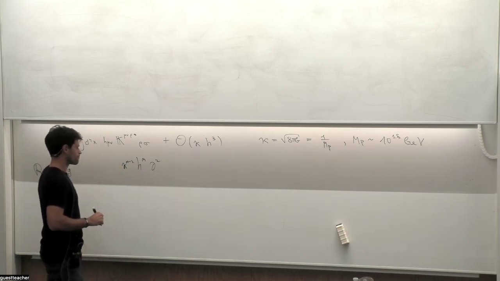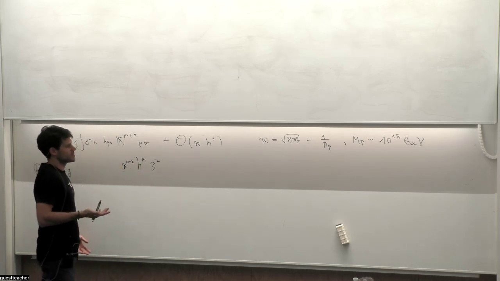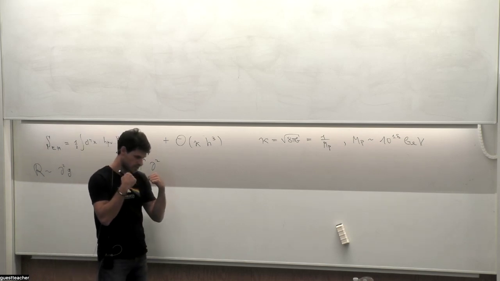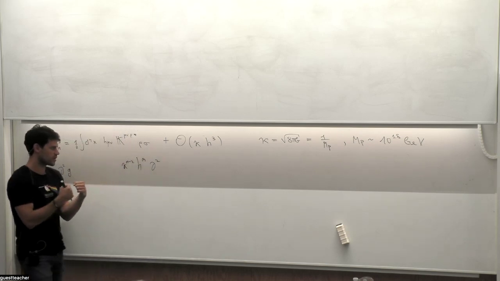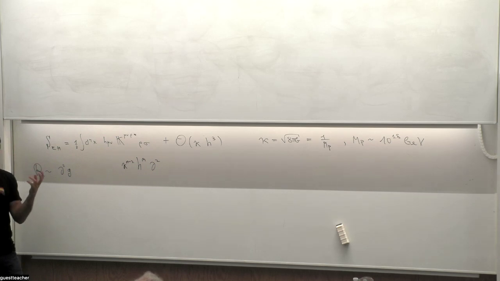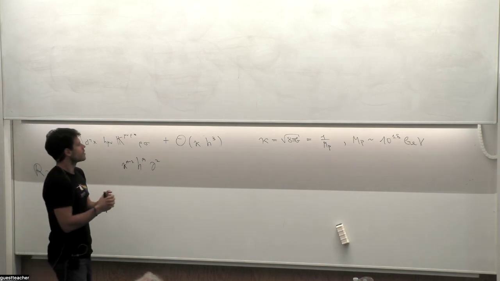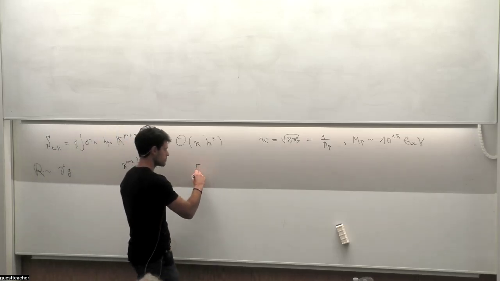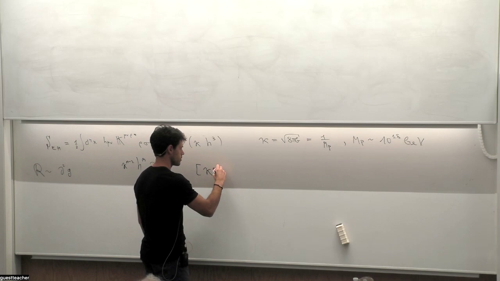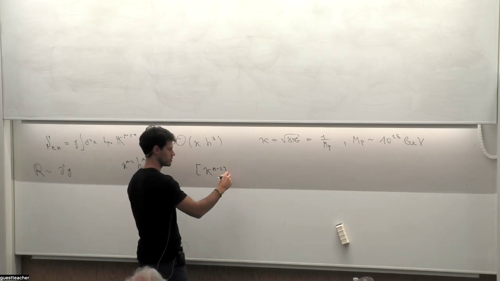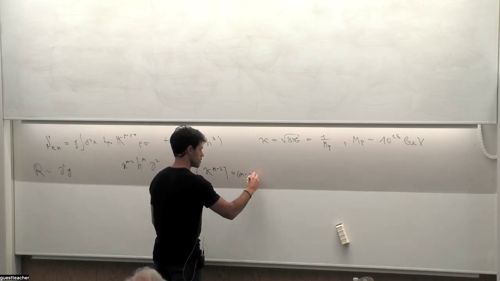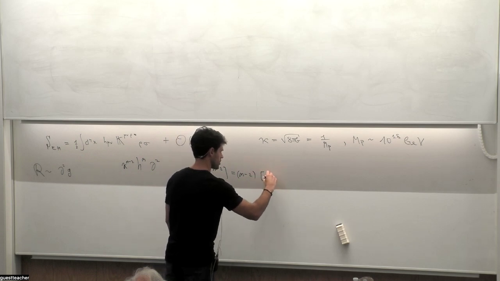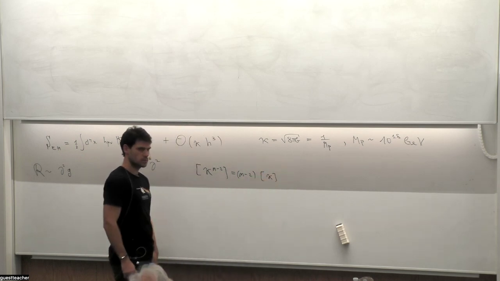Good. So now you can immediately see. Let's go back to what we said in the first lecture. How to check whether a theory is renormalizable, non-renormalizable, or whatever. Take the dimension of kappa for all the interaction terms. The dimension will be n minus 2 times the dimension of kappa, right?